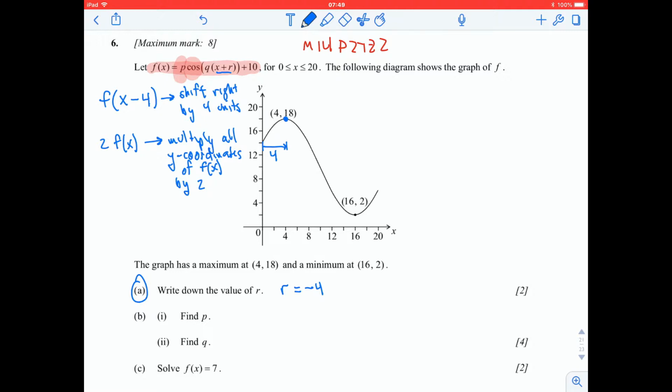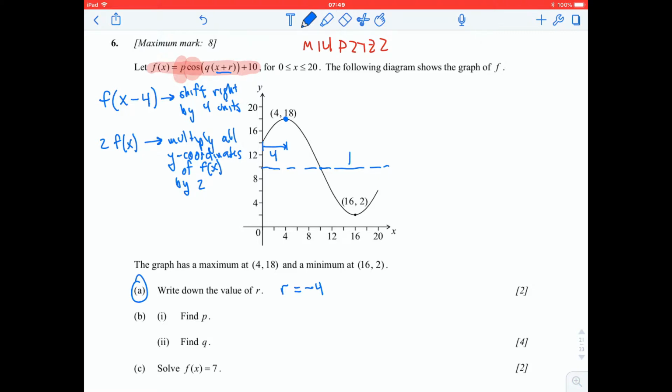Let's figure out how the graph has been stretched in this case. We can see by maybe drawing the center line here, normally cosine goes from -1 to 1 about the center line, about that mean value for the function. We can see from this that this function is going from 18 to 2.